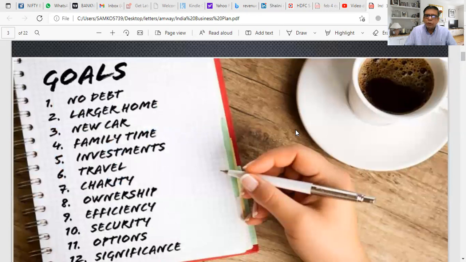Now, goals are something which are very, very important for our life. Without goals, I feel nothing is achievable. In every sport, if you see, there are goalposts or wickets because the player has to have a clear-cut idea of what needs to be done.